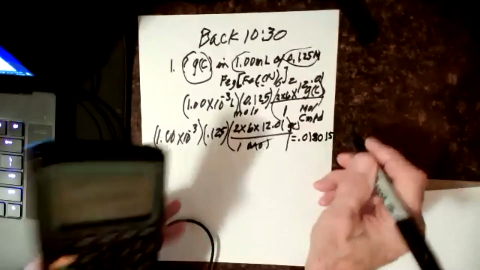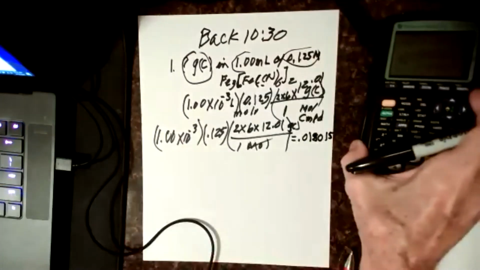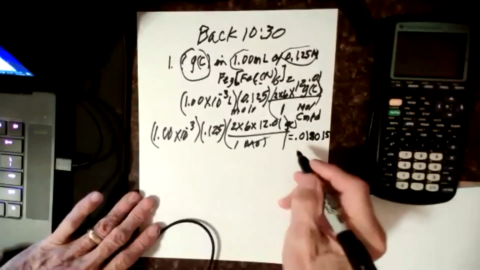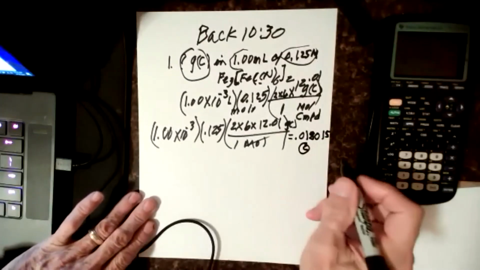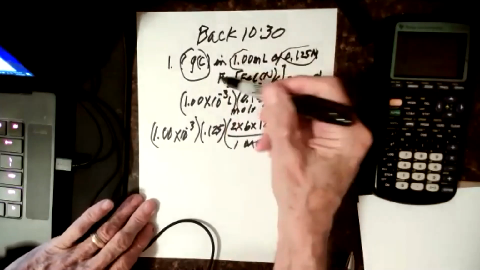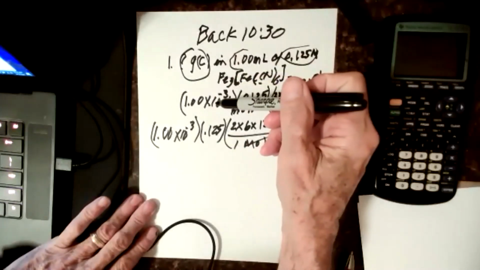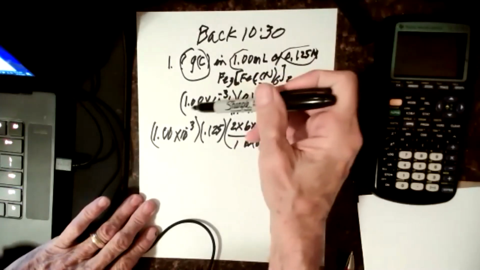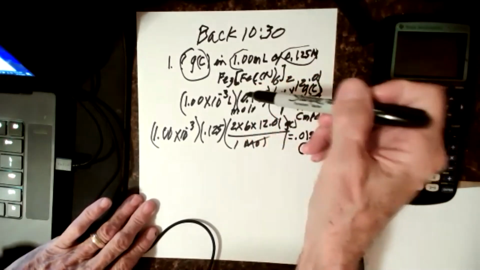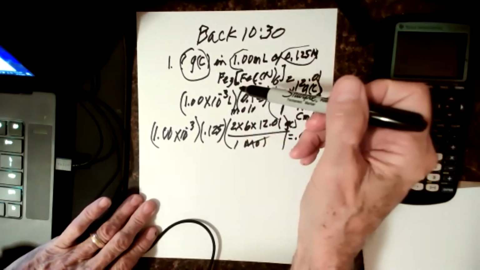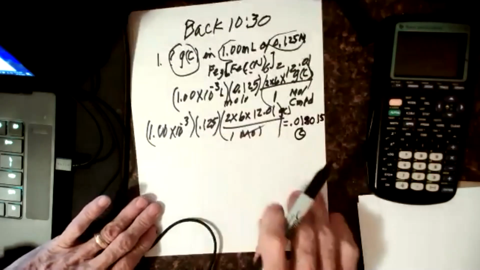That's the numbers I see on my screen. And that's going to be response C on the test. So this is similar to problems we've worked before. The only thing we've added is that volume times molarity equals moles. And then we use that in solving this problem.